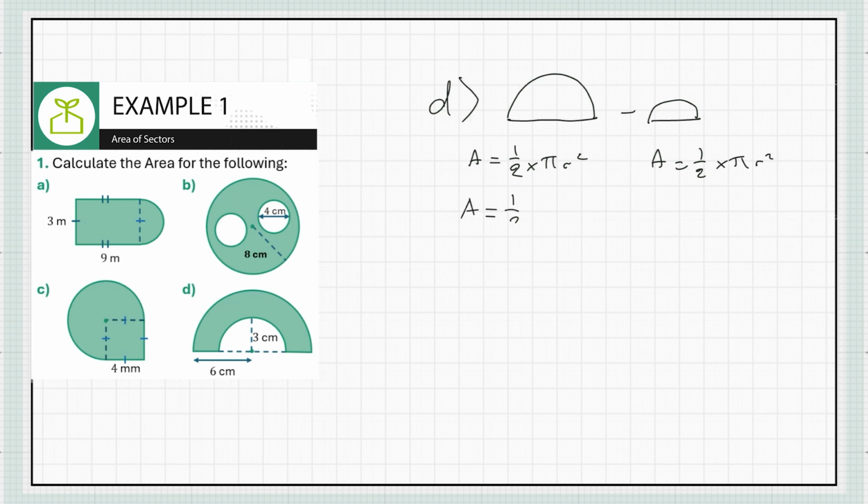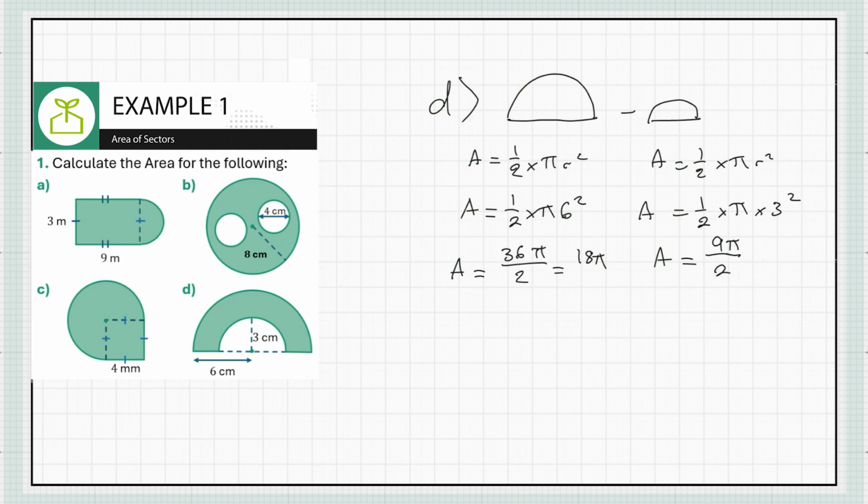So the first one, our radius is going to be equal to 6, and for the second one, our radius is going to be 3. Now we can simplify this down a bit. So our area is going to be equal to 36 pi over 2, which is just going to be 18 groups of pi. And our area here is going to be 9 over 2, or 9 pi over 2.